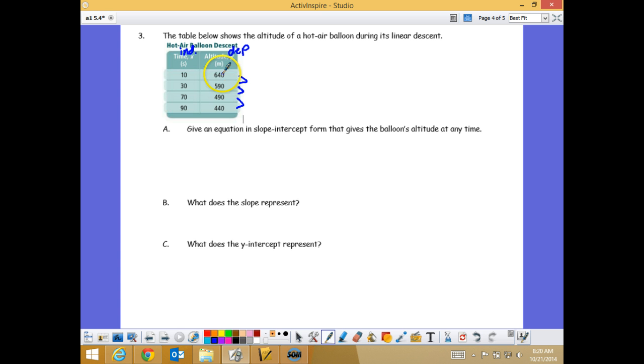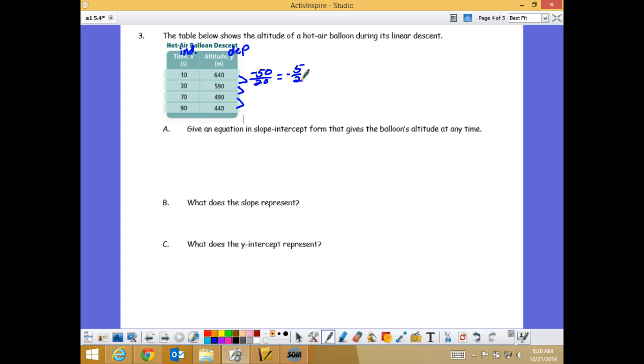Starting here, we take 590 minus 640, which is negative 50 over 20. So that's negative 5 halves, or negative 2.5, which means negative 2.5 meters per second from 10 seconds to 30 seconds.